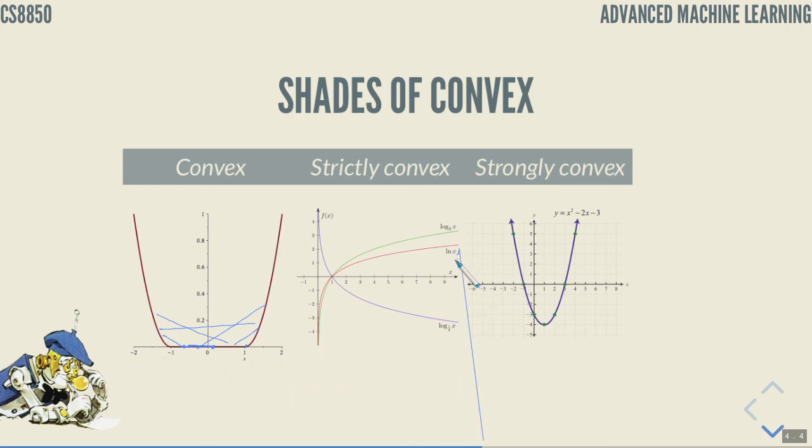And strictly convex is when there is no equality possible at all. Exponential function and logarithmic function are strictly convex.